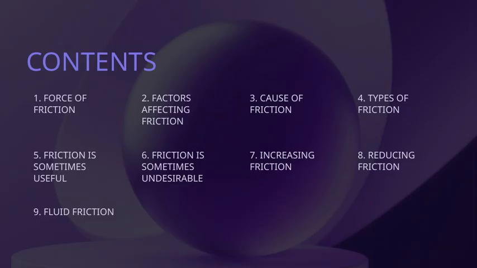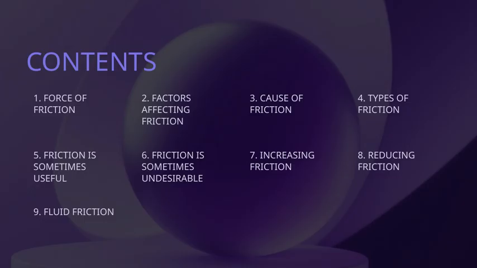Then, we explore the cause of friction, which primarily comes from the microscopic irregularities between surfaces that interlock and resist motion. The types of friction include static friction, which prevents movement, and kinetic friction, which opposes motion once objects are sliding past each other. Increasing friction can be beneficial in situations where grip is needed, but sometimes it's a challenge.